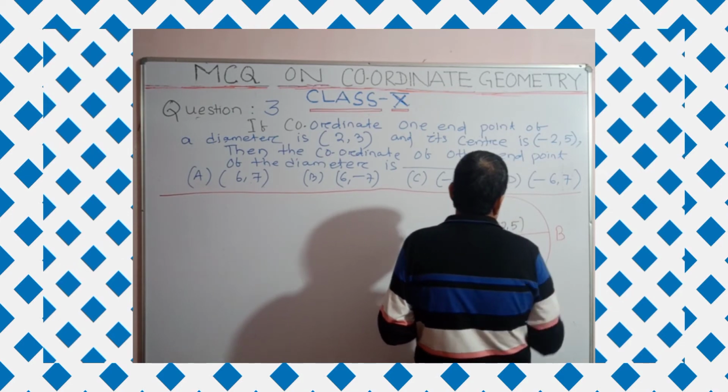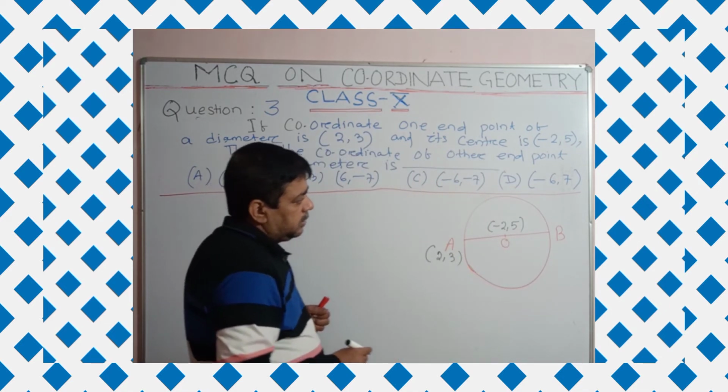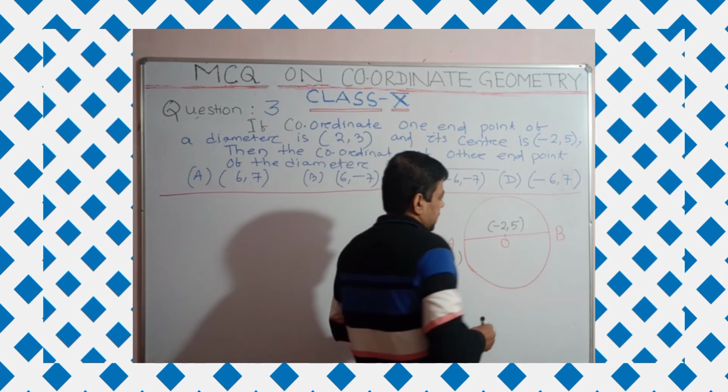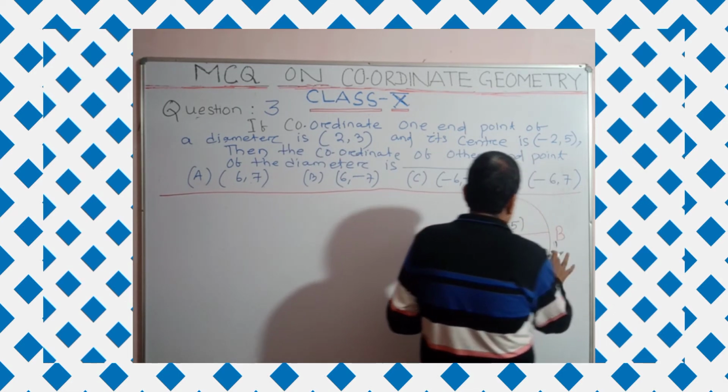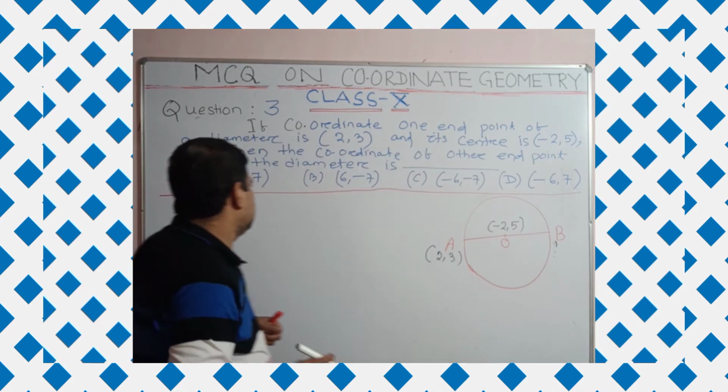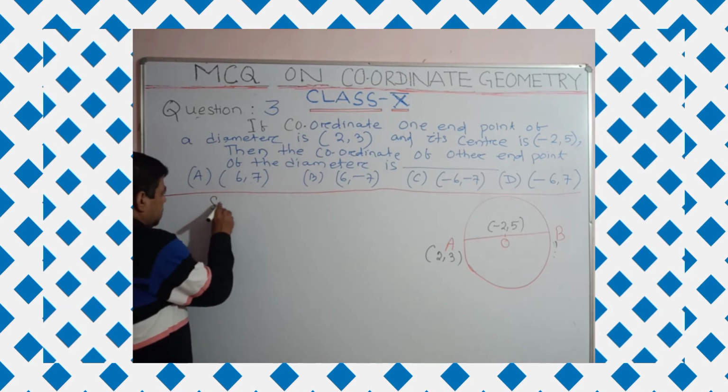We will find out the coordinate of the end point B of the diameter AB. Okay, so let us see now.